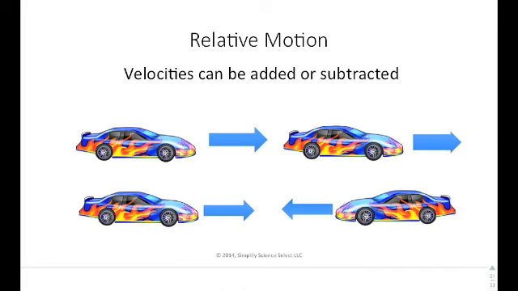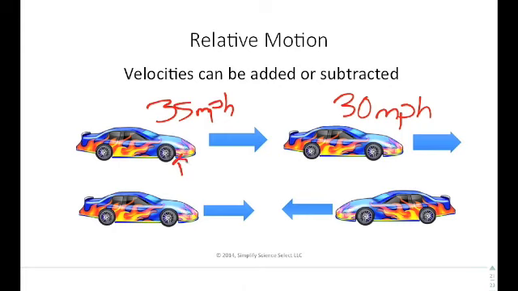Now, whenever you have relative motion, what that means is velocities can be added or subtracted. The example of this is if you're in a rear-end collision, it's generally speaking not a bad collision if you're both moving. For example, if this car is moving at 35 miles per hour and this car is moving at 30 miles per hour, because they're moving in the same direction, this car is actually only going 5 miles per hour when measured from this car.